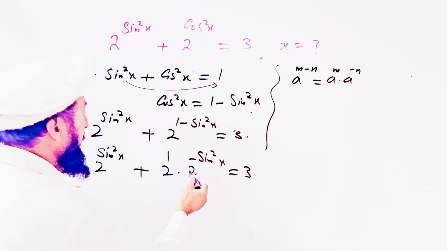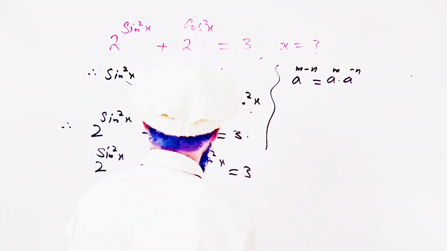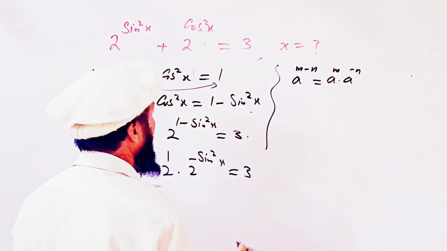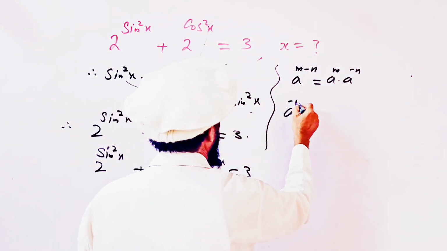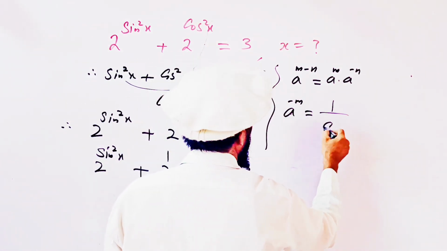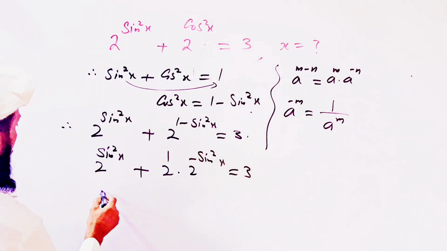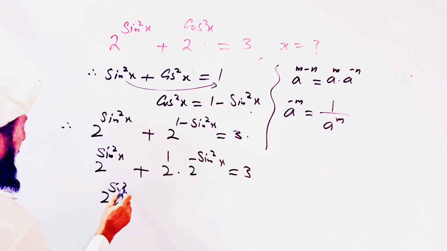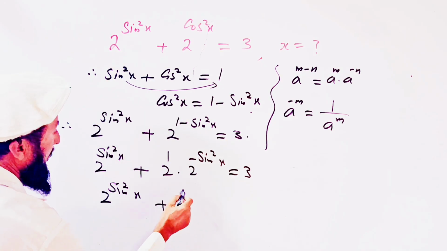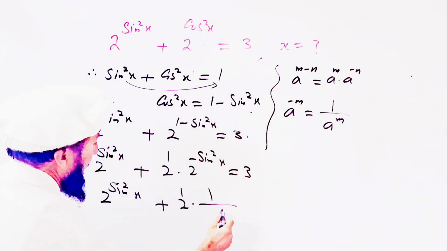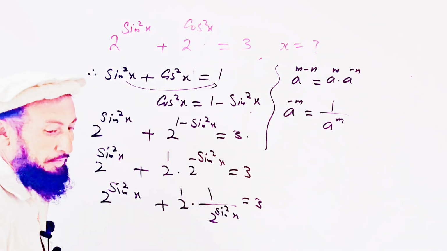If we have a negative exponent, we can change it into positive form. So according to this exponent rule, we can write 2 exponent of sine square x plus 2 exponent of 1 and 1 divided by 2 exponent of sine square x is equal to 3.